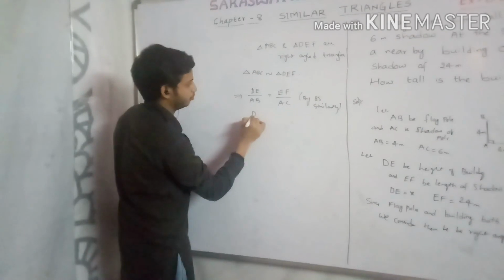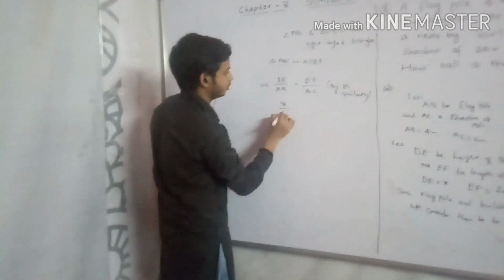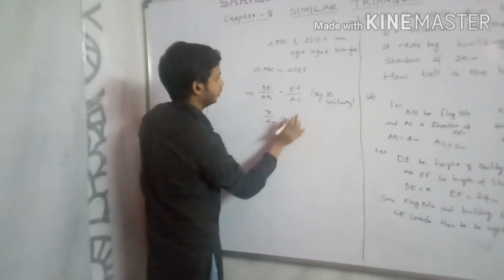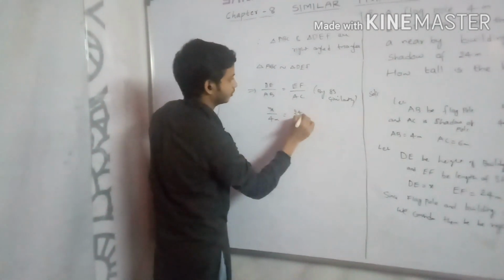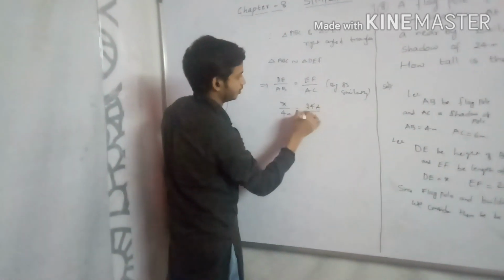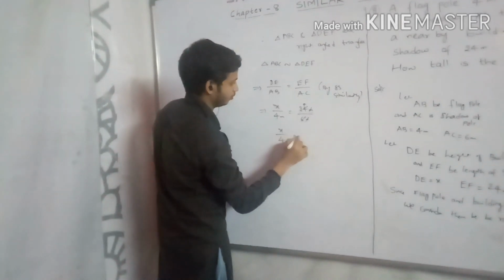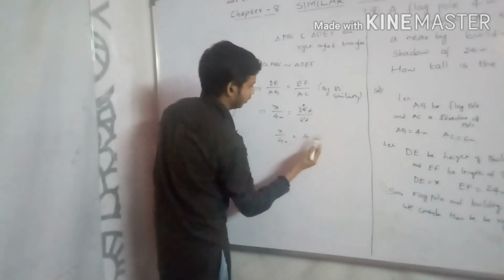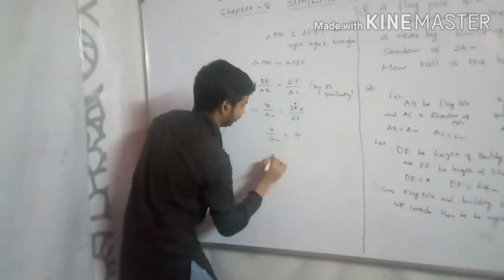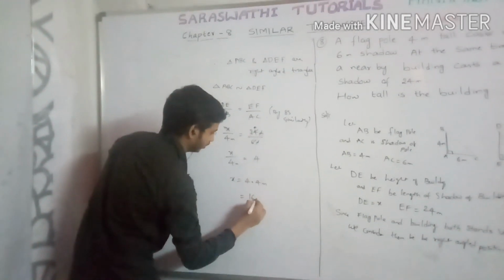So DE we had taken as x, AB value is 4 meters, equal to EF value is 24 meters, clear in the question, and AC value is 6 meters. 24 divided by 6 is 4. So x by 4 meters equal to 4. Multiplying 4 to the right side, x equals 4 into 4 meters, that means 16 meters.